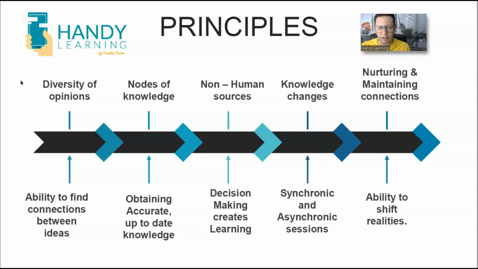So this is basically a new way of social constructivism, but using technology. Therefore, the diversity of opinions based on different cultures and different ways of thinking creates learning and enriches the way that we learn and we grow our knowledge. So diversity of opinions is necessary for this paradigm.